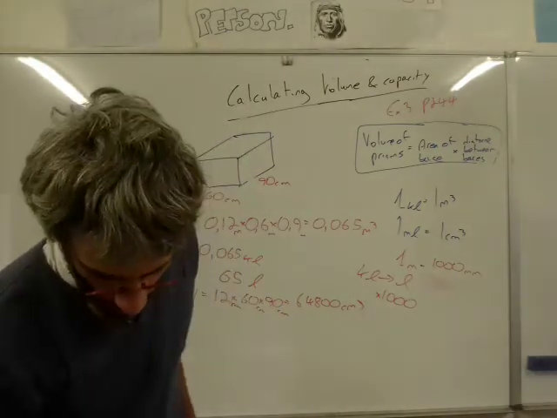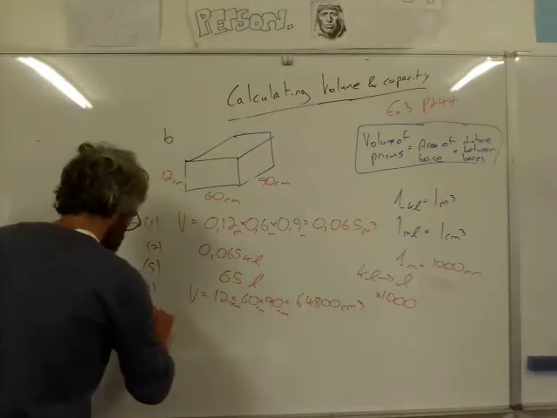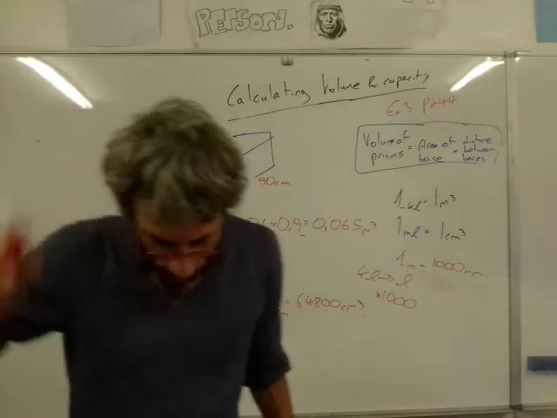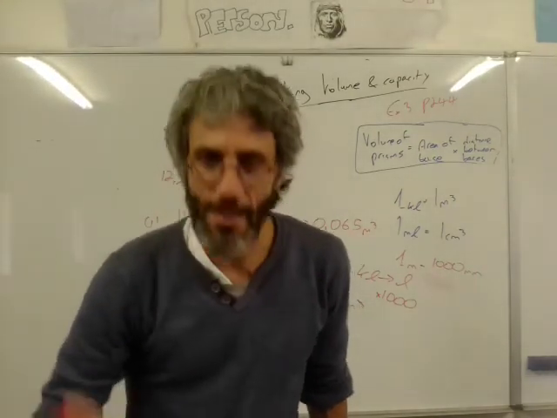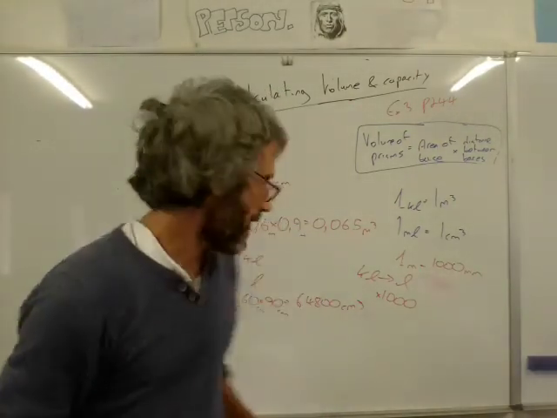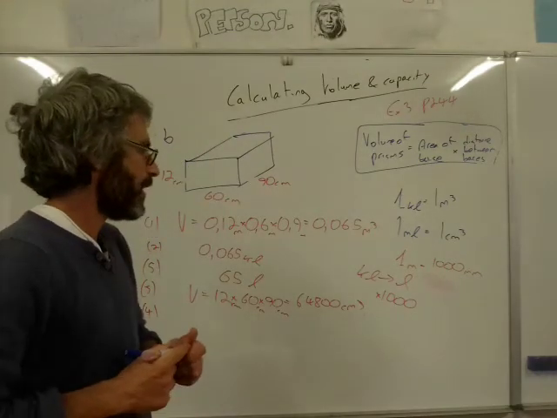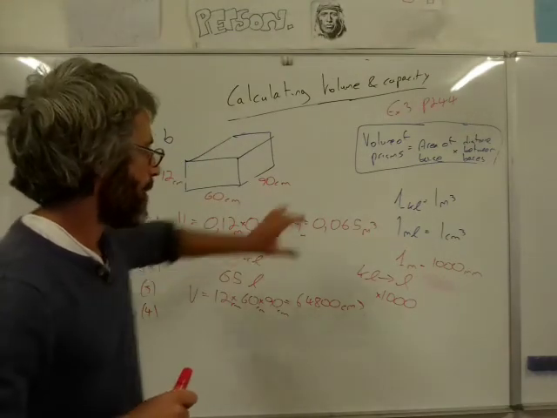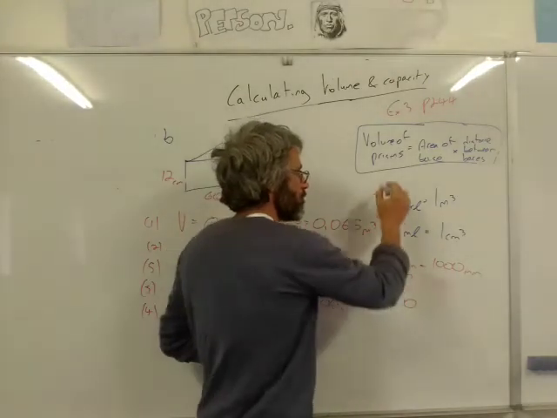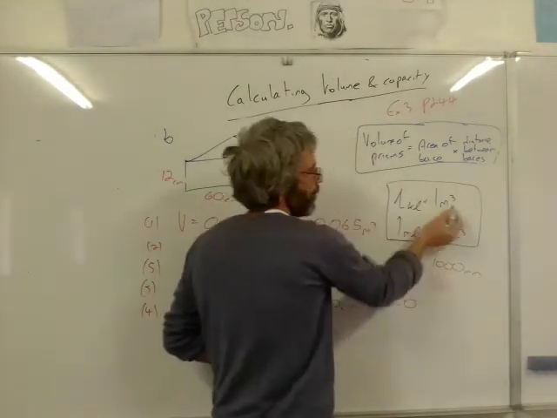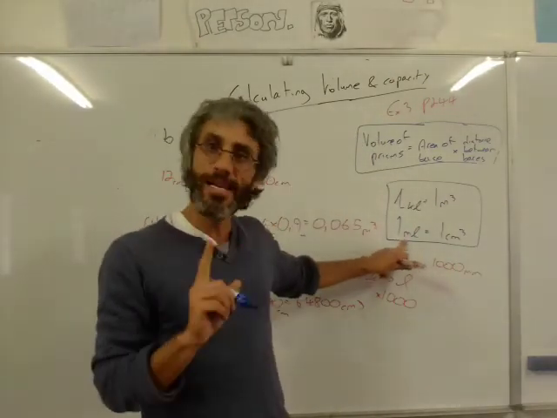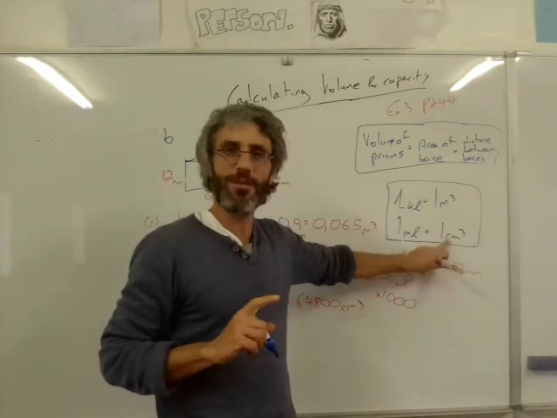Last part, guys. Question part 4, the same question. How much sand can the prism hold in milliliters? There's two ways of doing it, I'll just show you one. Remember when I told you about these units, you need to know that 1 kiloliter is 1 meter cube, and 1 milliliter is 1 centimeter cube.